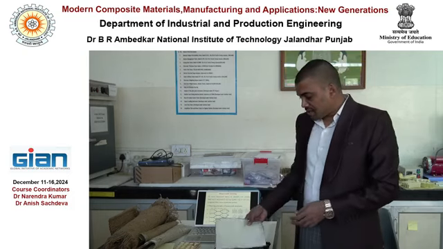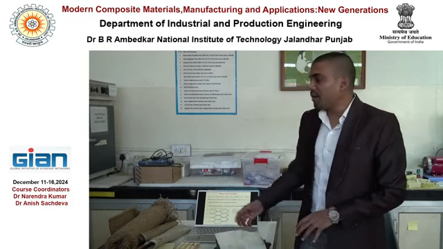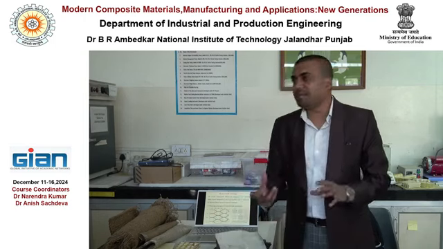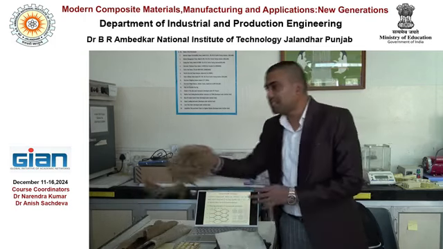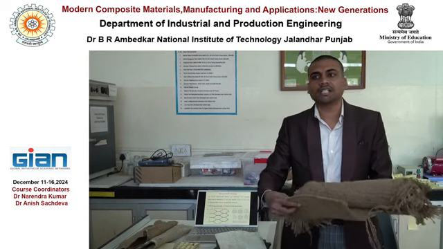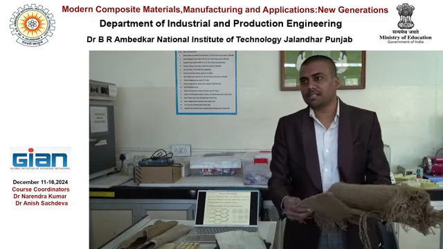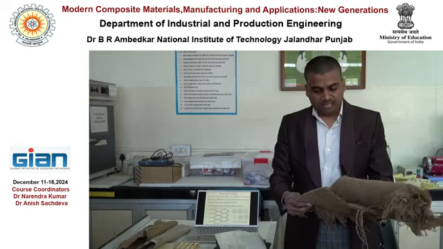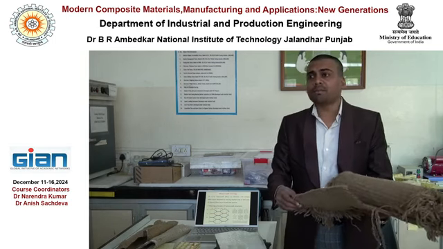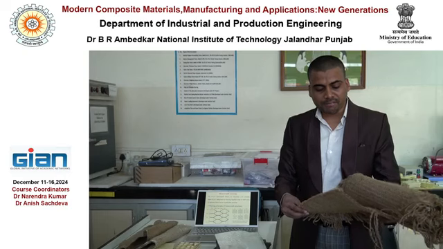So to avoid this delamination, we can have these 3D integrally woven structures like this, where there will be no delamination, and the mechanical performance will be enhanced many times.